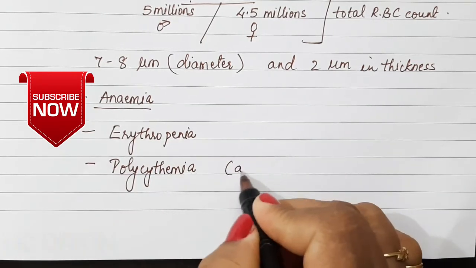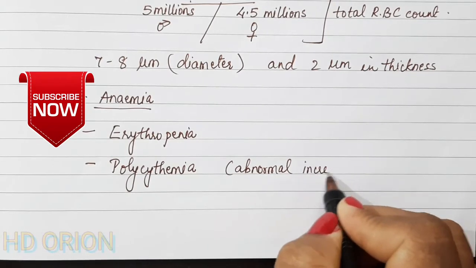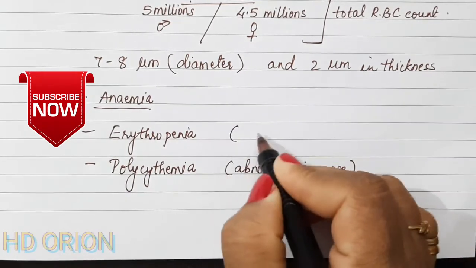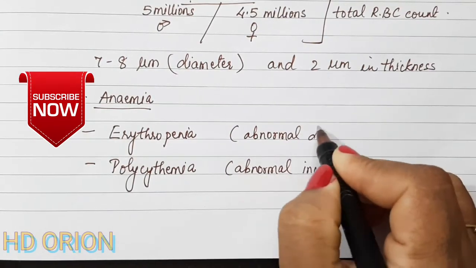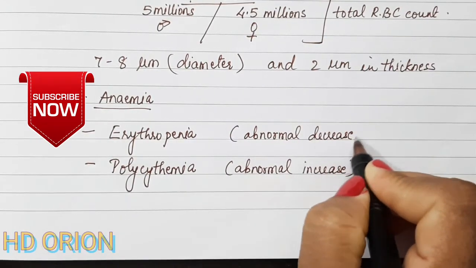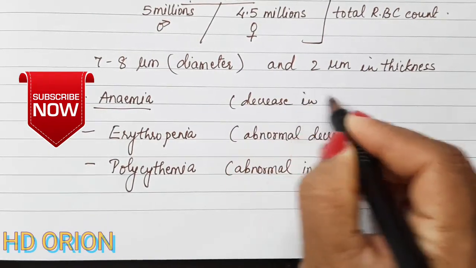So this is an abnormal increase in RBC. This is an abnormal decrease in RBC. And this is a decrease in hemoglobin.